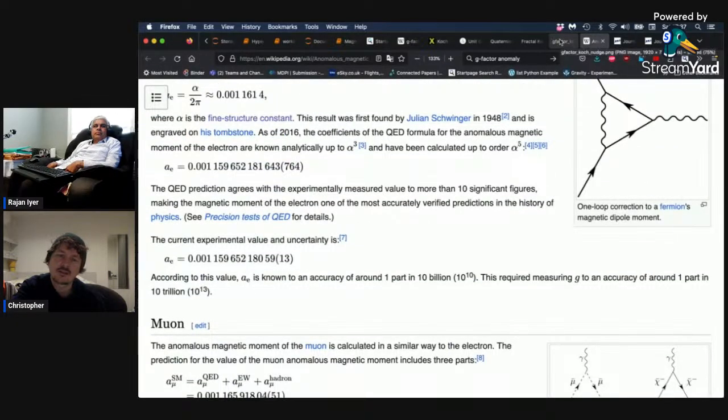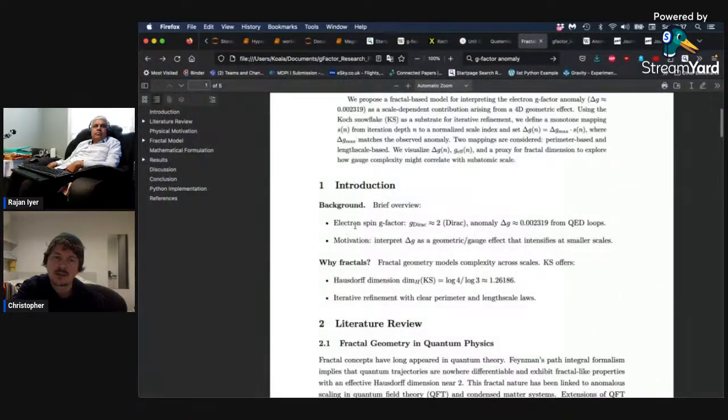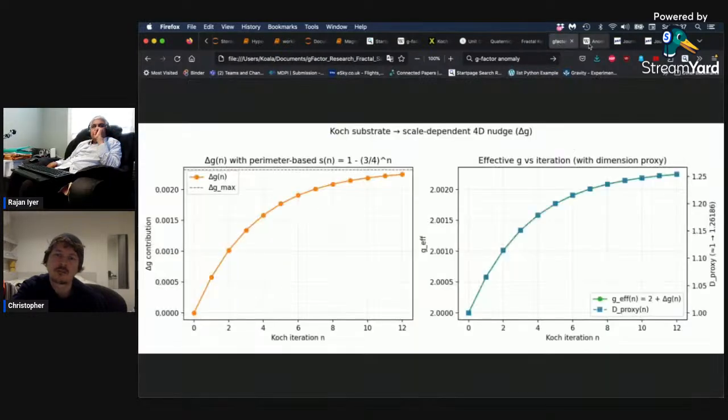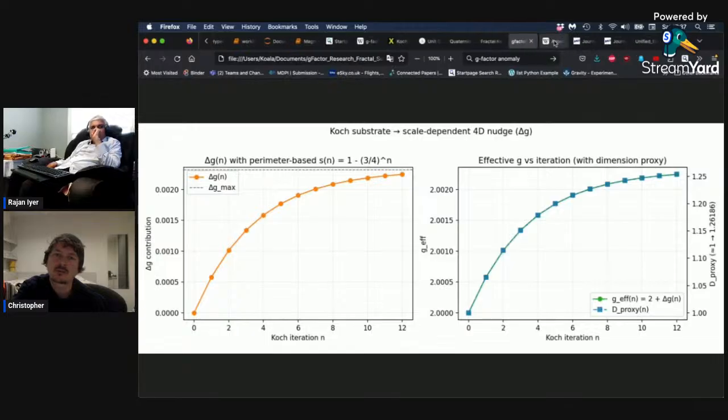Here we have the electron spin G factor. For the Dirac, it's approximately 2, but the anomaly is from QED loops, but also from experimental values as well.